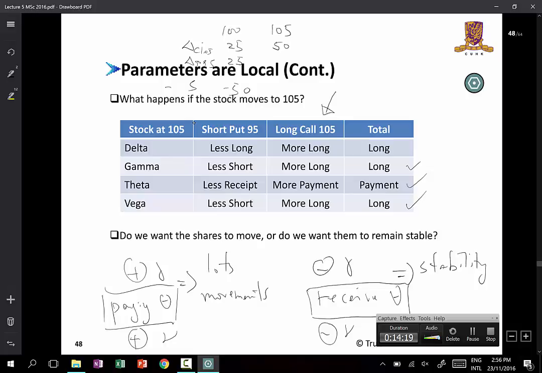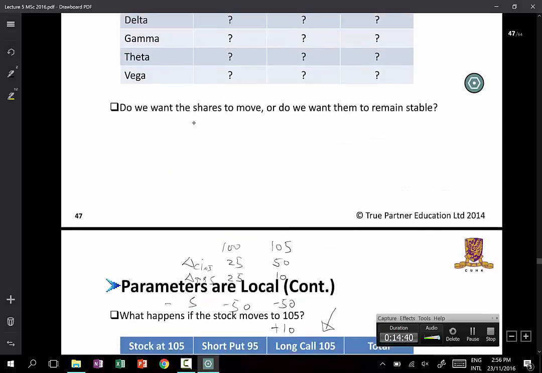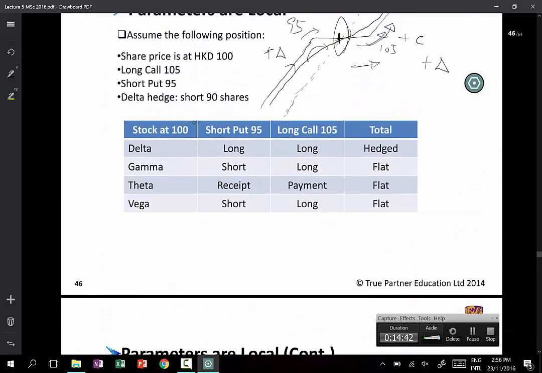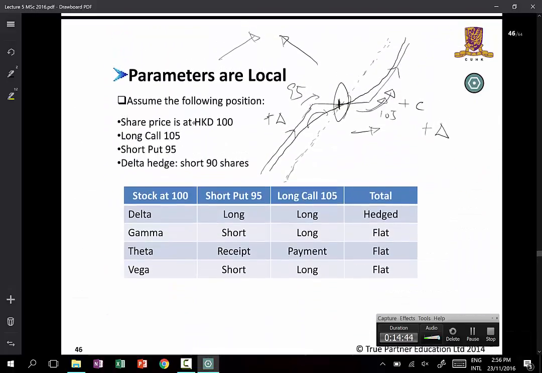Now the delta of your put will not go to 0. Let's say 10. Then your hedge is still at minus 50. So on a net basis, you are certainly long. You're long 10.